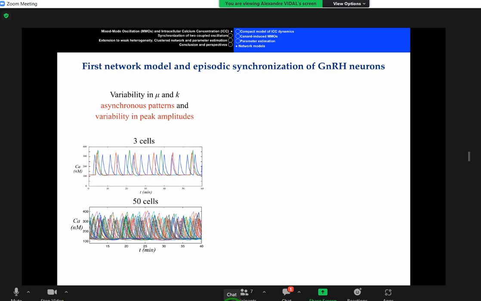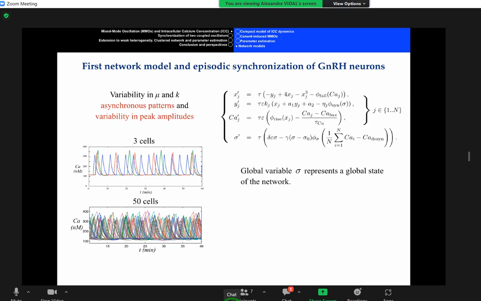So this is a simulation for 3 cells. And as you see, if you choose to perform 50 cells, we have this desynchronized behavior of neurons.